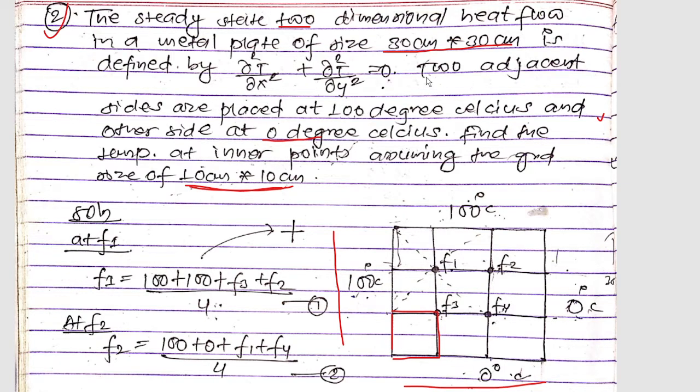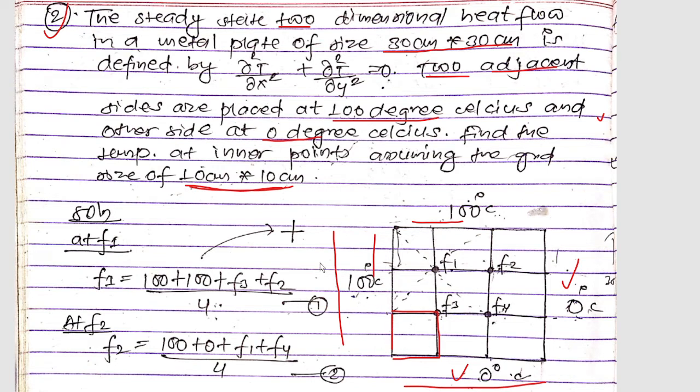Two adjacent sides, this side and this side, are placed at 100 degrees Celsius, and the other sides, this side and this side, are at 0 degrees Celsius. We have to find the temperature at inner points assuming a grid size of 10 cm into 10 cm. That means we will have altogether 9 grid boxes, 3 rows and 3 columns.